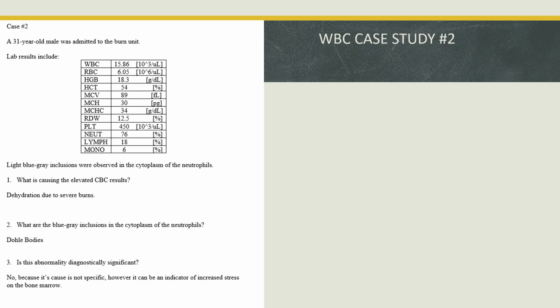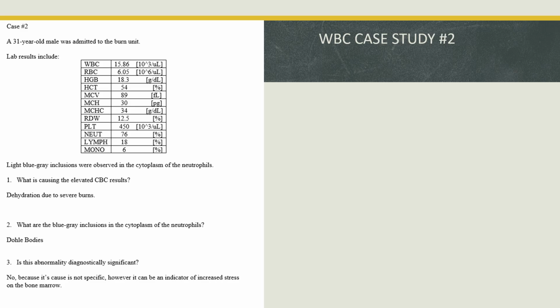All right, white blood cell case study number 2. This one can be a little tricky, so you're really going to have to think through this one carefully. The only patient history and information that we have is that we have a 31-year-old male who was admitted to the burn unit. Now let's stop and digest that for a minute, because in one small sentence that tells us a lot.